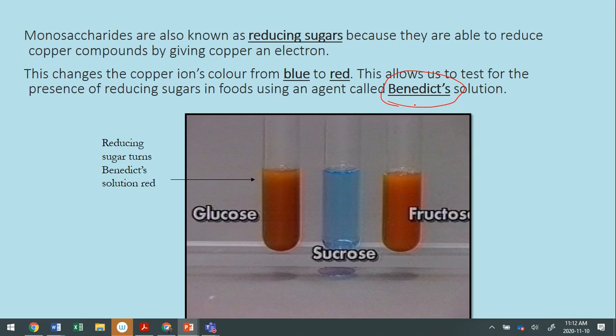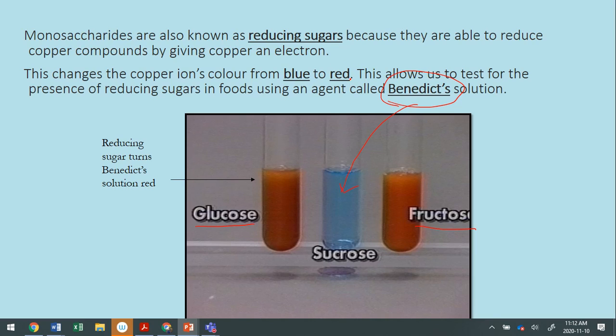Okay, so essentially it's this. Benedict's is normally a nice blue color. Okay, and that has to do with copper ions. So copper ions are floating around in Benedict's solution and it makes it this nice blue color. If there is a simple sugar like glucose or fructose in a sample, the glucose or fructose will reduce those copper ions and they will change color to anywhere from a red to an orange color.